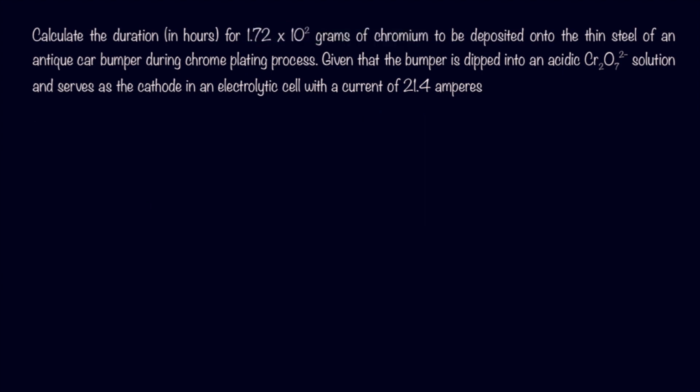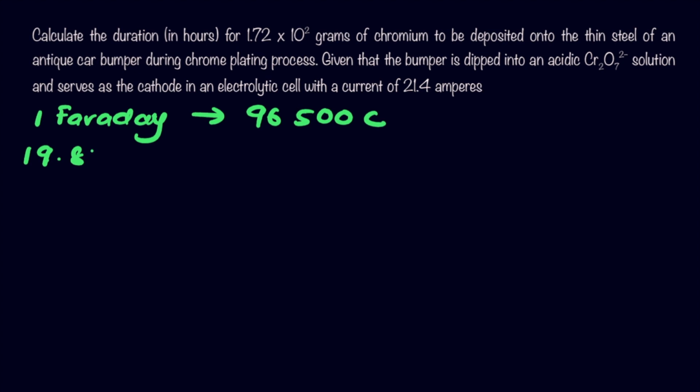So now we are going to convert this Faraday into Coulomb. 1 Faraday is equivalent to 96,500 Coulomb. From the calculation just now, we have 19.8474.